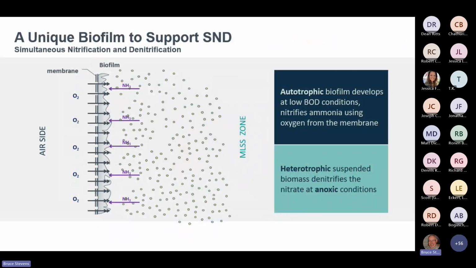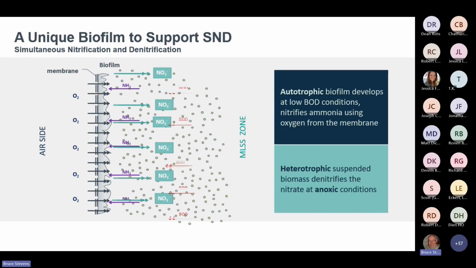So when the system operates to generate the autotrophic biofilm, we seed the membranes when we first get started, and they're self-sustaining. That thin biofilm forms after a few days on the membrane, and then we're seeded. So what happens is the biomass absorbs the oxygen from the other side of the membrane, from the air side, and consumes the ammonia right in the film itself, releasing nitrate and nitrite, which go into the mixed liquor that's outside in the bulk fluid.